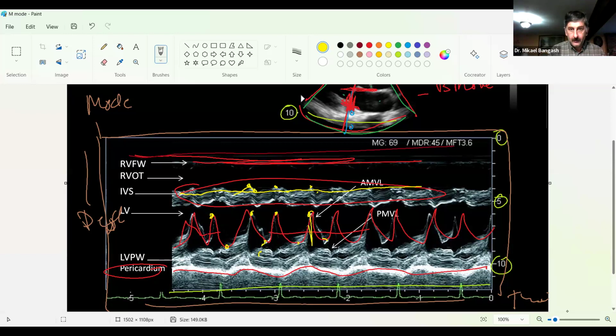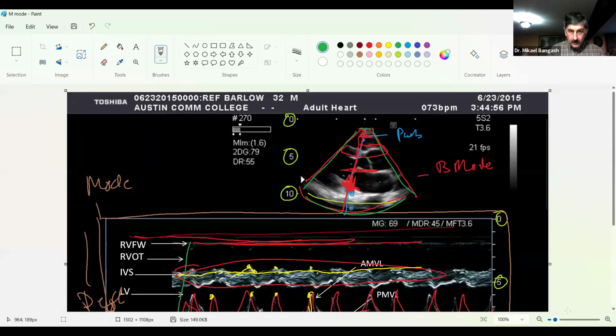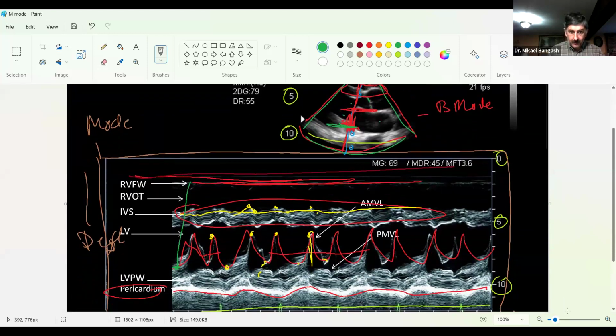So here it was recorded. There was a great distance between your transducer and the structure here at that point of time, which then changed because this structure here had moved.